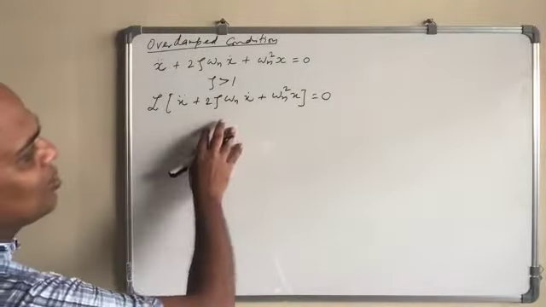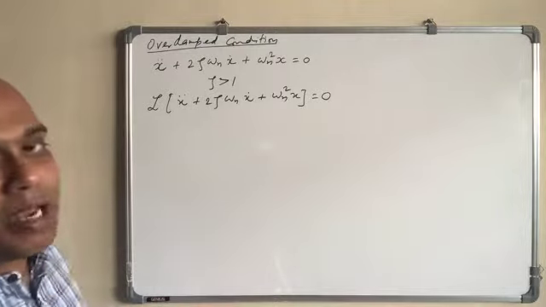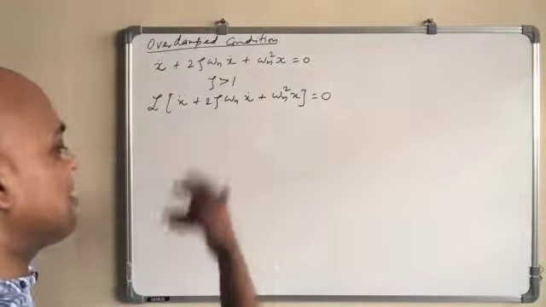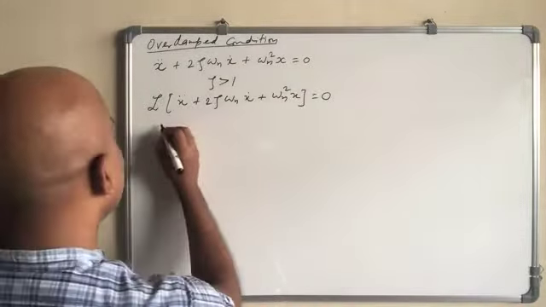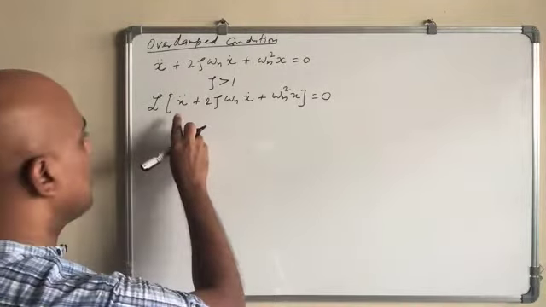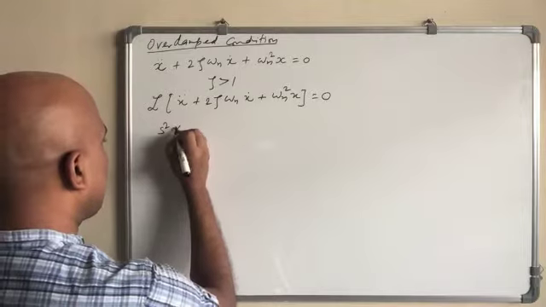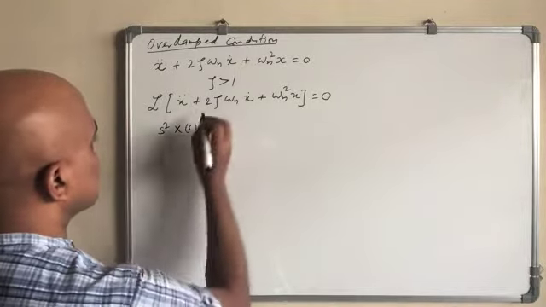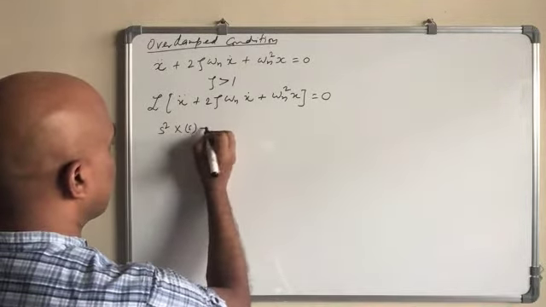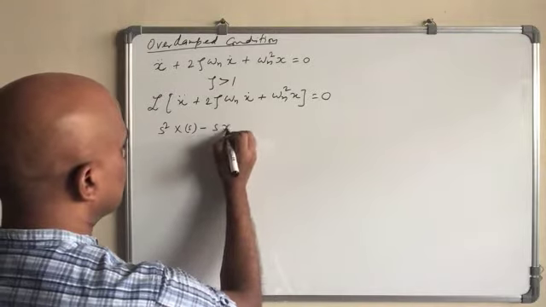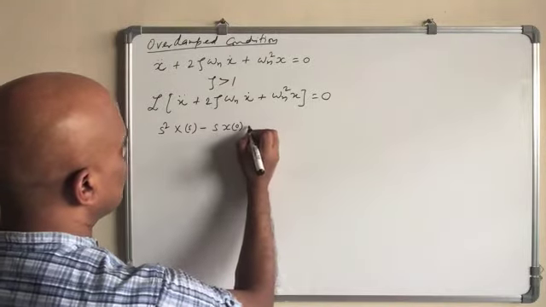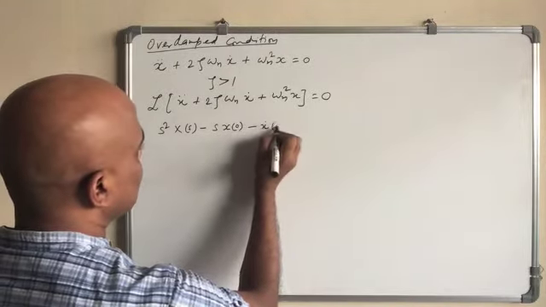And we will do similar things to what we did for the previous two cases. So from here we get s square Xs minus s x0 minus x dot 0.